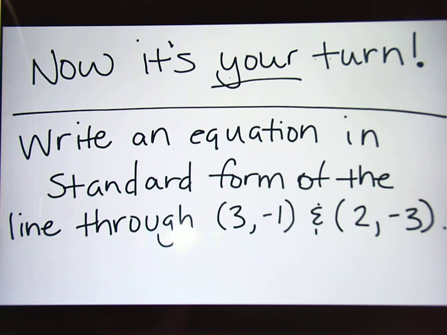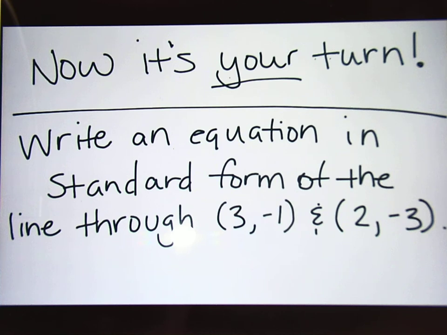Now it's your turn. Write an equation in standard form of the line through the 2 points that are given. So as you can see here, we don't have the actual graph, we have the points. So what will need to take place since we don't have the actual graph?